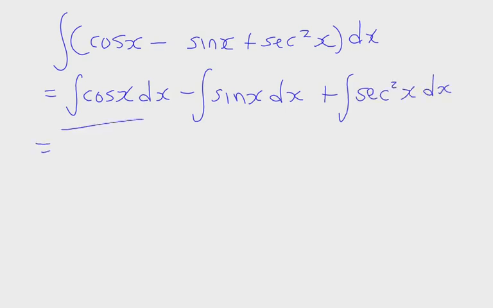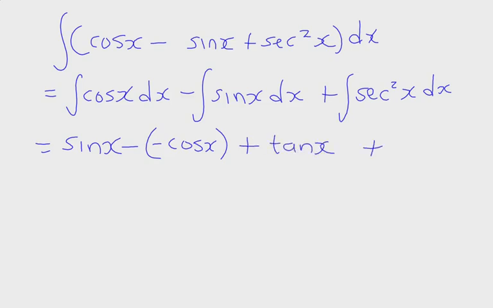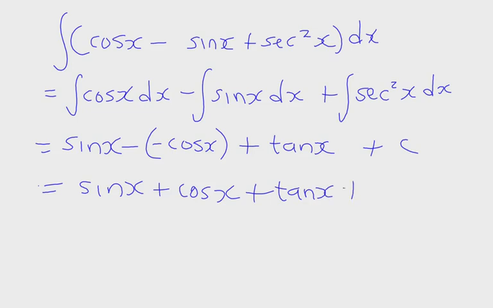This one gives us sin x, then with the minus sign, the integral of sin x gives us minus cos x, and the integral of sec squared x is plus tan x, then plus c. So this gives us sin x plus cos x plus tan x plus c.